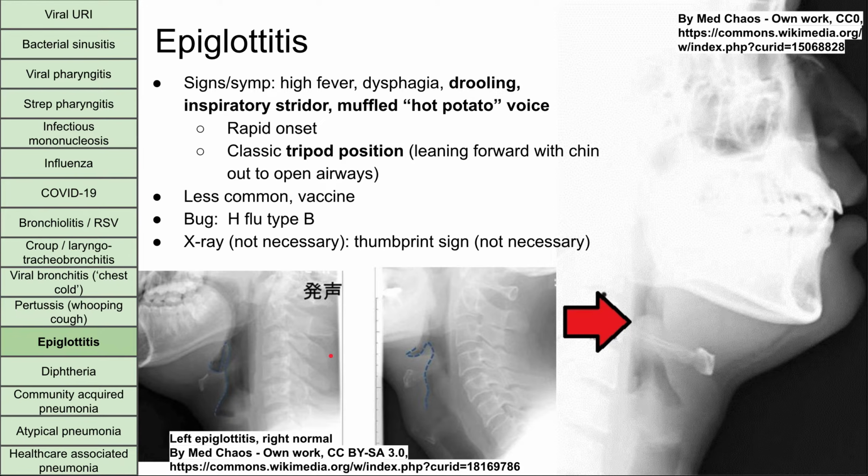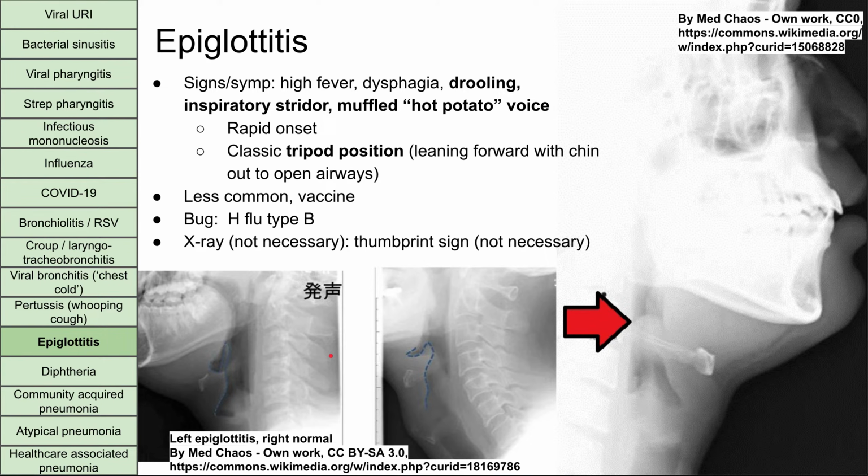A kid is typically leaning in a tripod position, so he's leaning forward with his chin out to open up his airway, maybe on an exam table, or if he's standing, he might be in a tripod position with his hands on his knees. But essentially his chin is much more forward than what would be comfortable, and he's trying to open up his airway to be able to breathe better.